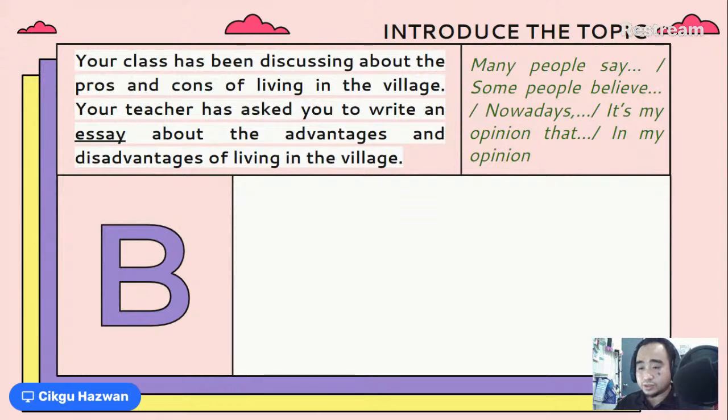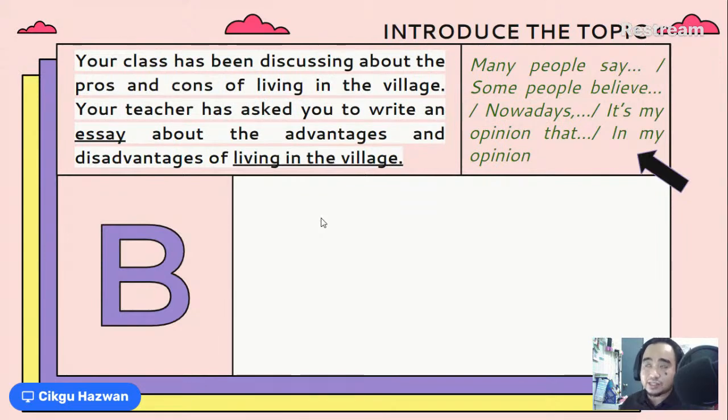So first thing first, introduce the topic. Don't write too long, enough with 2 or 3 sentences in the introduction part. The one that I've put an arrow there, you can start your introductory paragraph by using those words. Many people say, or some people believe, you can say nowadays, it is my opinion that, or in my opinion.